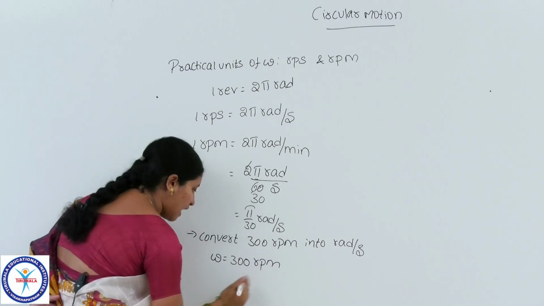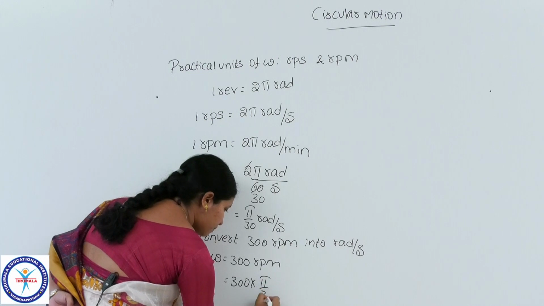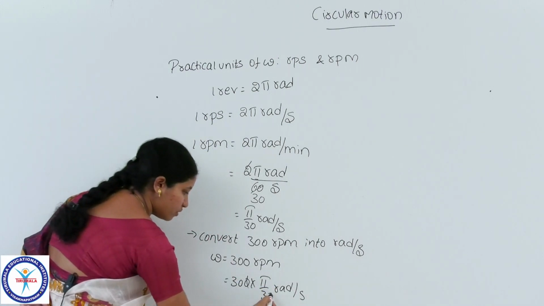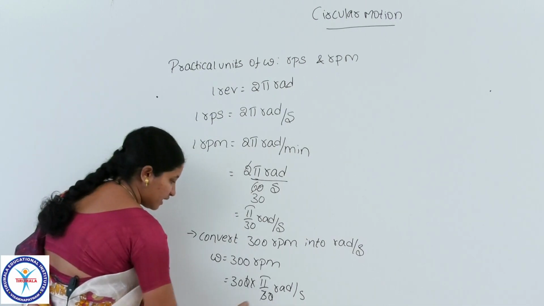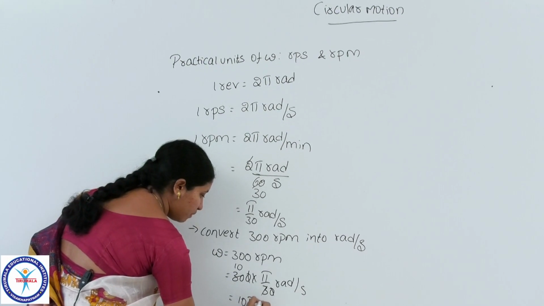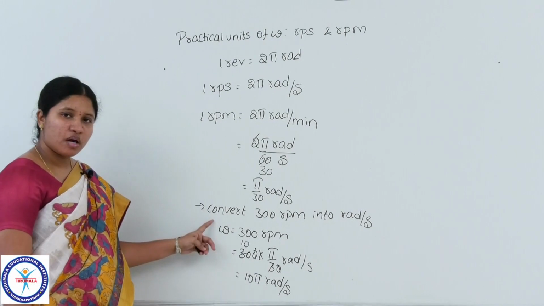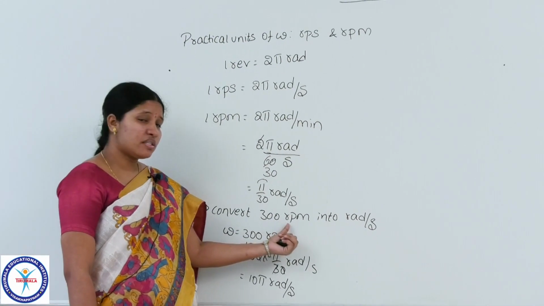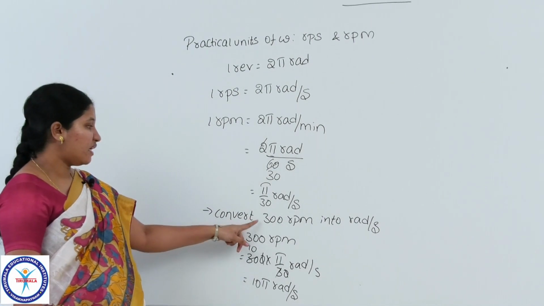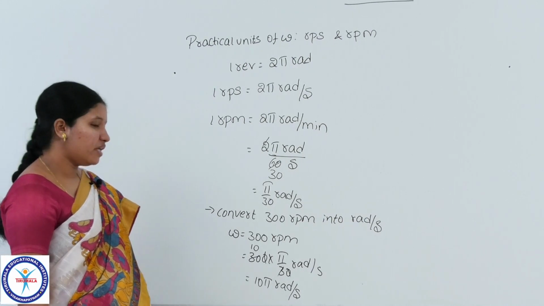So in place of rpm, substitute pi by 30 radians by second. So 0, 0 gets cancelled, 3 cancels 30 10 times. So that is equal to 10 pi radians by second. In this way we have to convert if the angular velocity is given in rpm into radians by second. So 300 rpm is equal to 10 pi radians by second.